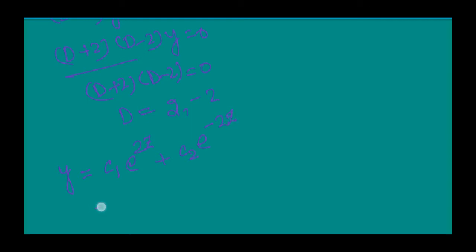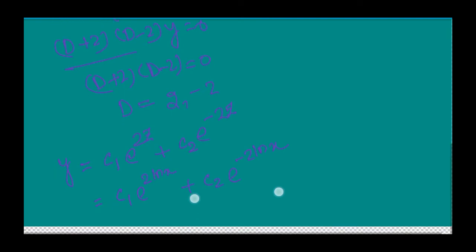Firstly, z is ln x, so c1 e to the power 2 ln x plus c2 e to the power minus 2 ln x, and this will be c1 e to the power ln x square plus c2 e to the power ln x to the power minus 2.